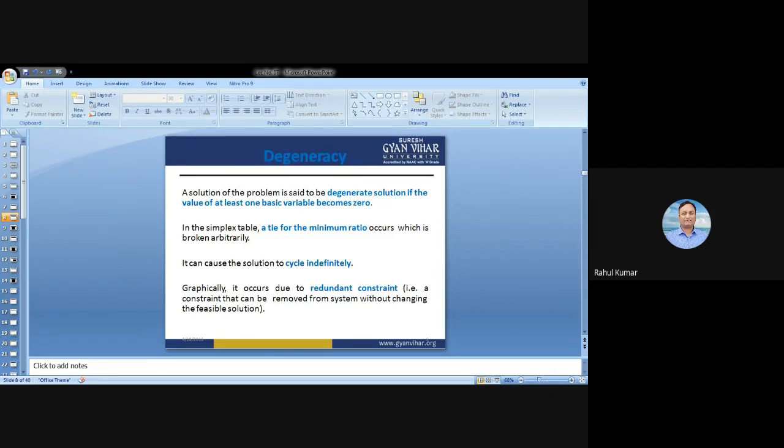And the next point is that the coefficient at the intersection of the pivot row and pivot column is marked as the pivotal element, as shown above.